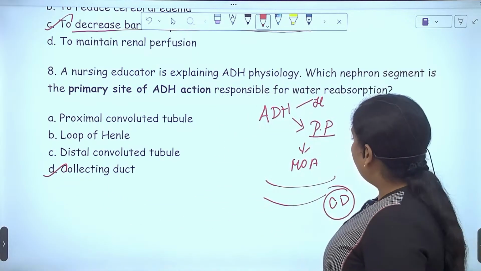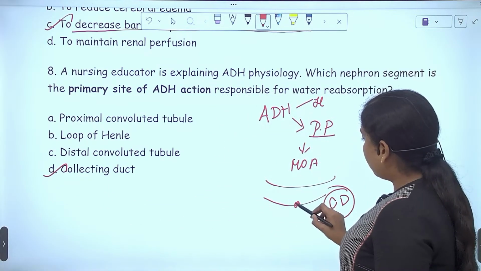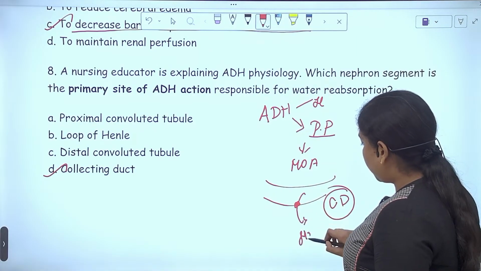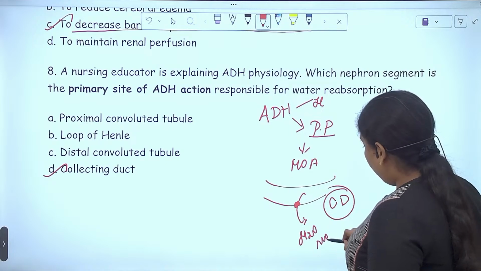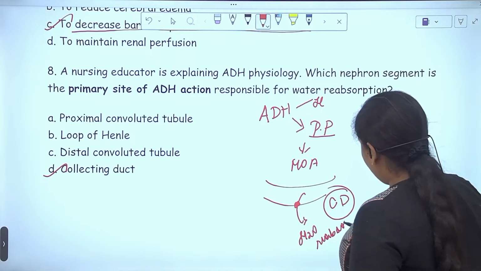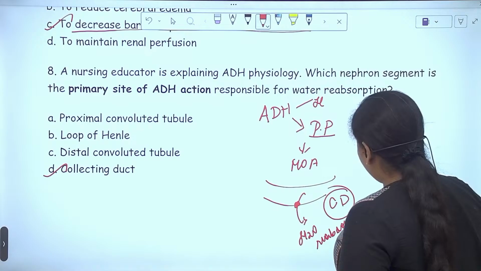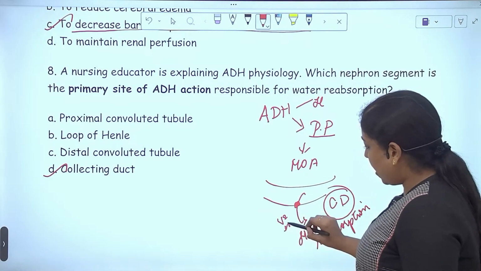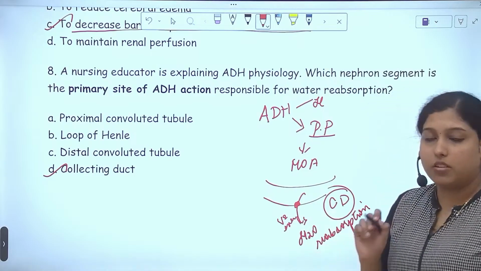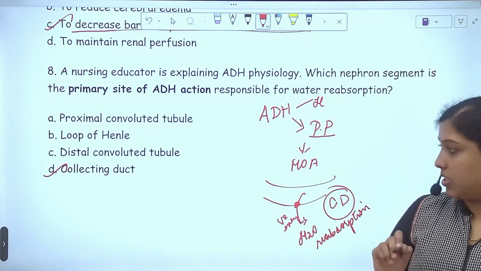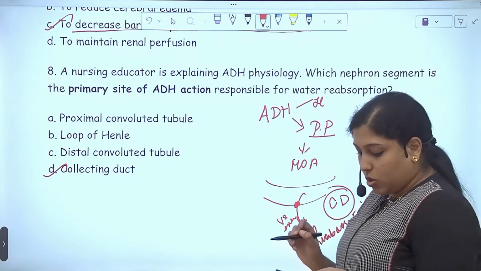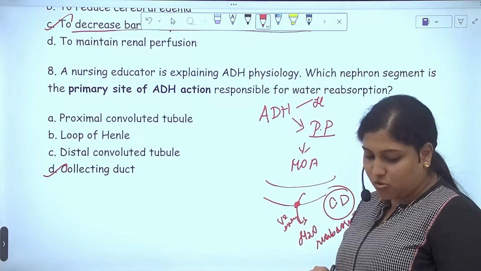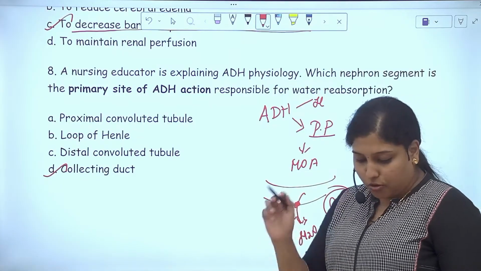With the help of the V2 receptor, they help in H2O reabsorption. These are very important points to remember, because SIADH and diabetes insipidus are very commonly asked in the examination. So very good. Please give a big round of applause to Priyanka Patra, Saranya, and Dibesh.